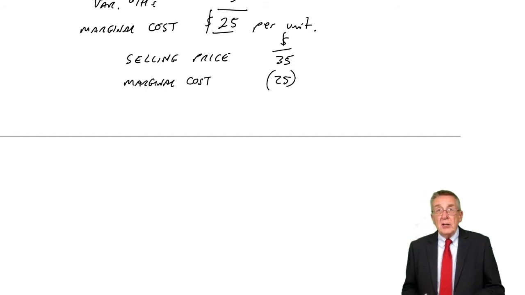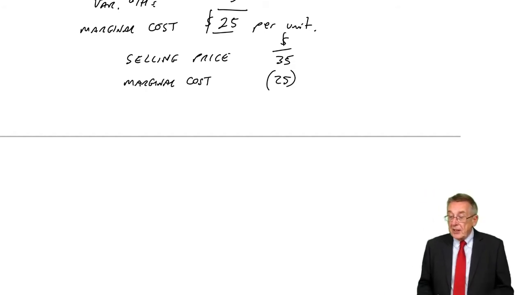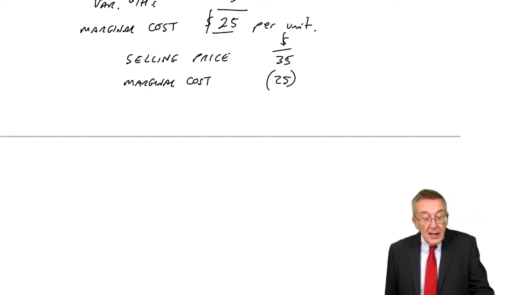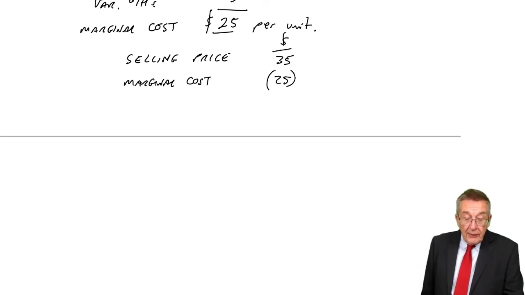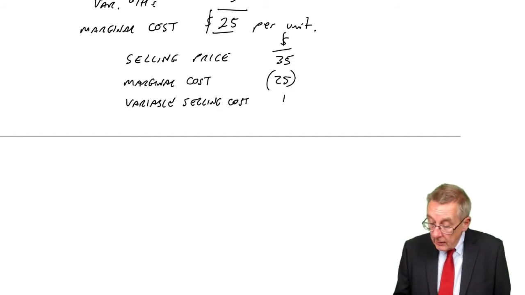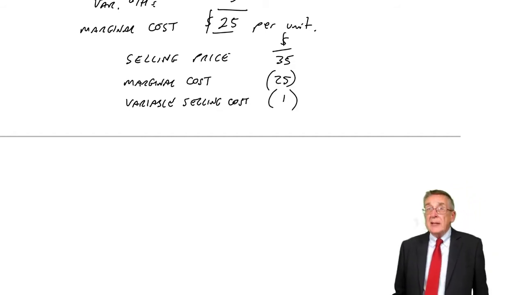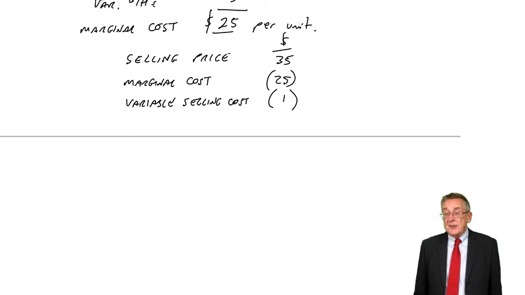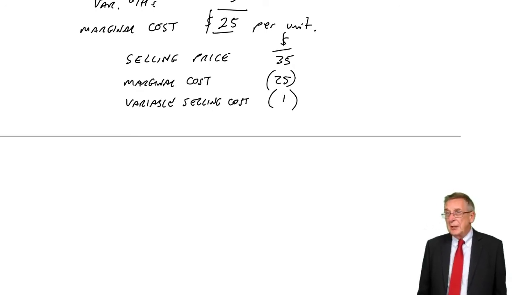Well, there's the variable cost of production, the figure from the cost card, 25. Here, there are other variable costs. There's the variable selling cost of $1 per unit. Now, I did say in the last lecture, selling costs in these sorts of questions are unusual.